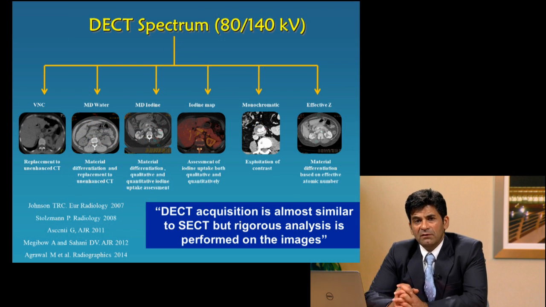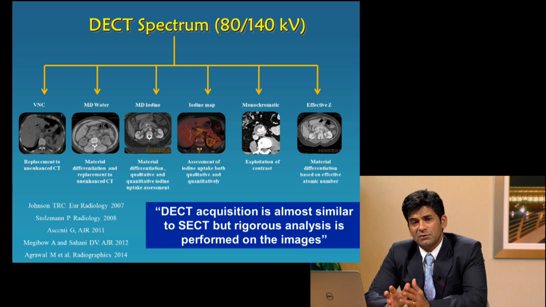Now, in simple terms, dual energy CT is similar to single energy CT in its acquisition. That means we are concurrently or sequentially acquiring X-rays of 2 different energies, and then mainly the rigorous analysis is applied to the images. So the patient's experience for single and dual energy CT is similar.